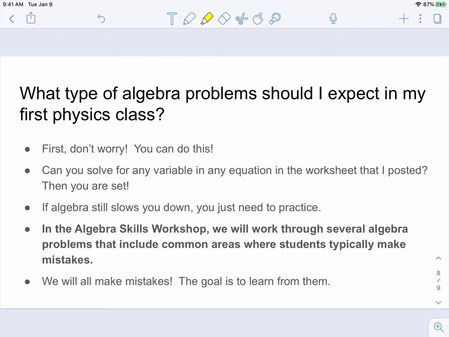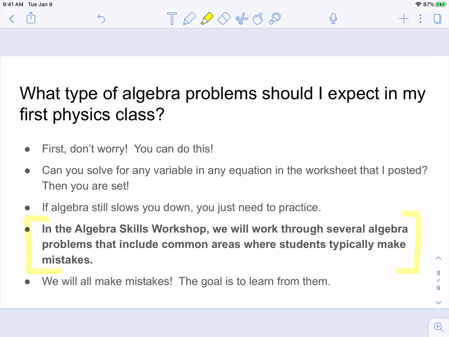So if you take a look at my little bullet point down here, what is it that we're going to do in the Algebra Skills Workshop with Finding Physics? We're going to take a bunch of those equations from the equation sheet at the beginning of this little presentation, and we are going to solve for different variables. And because I've been doing this for so many years, I'm going to show you spots where students typically make mistakes. And then you're going to learn from it now so you don't make the mistake later.